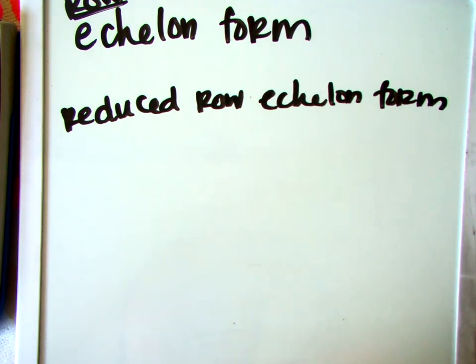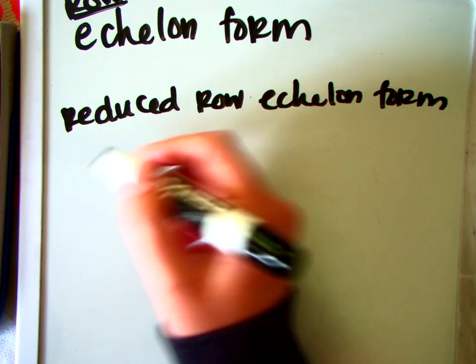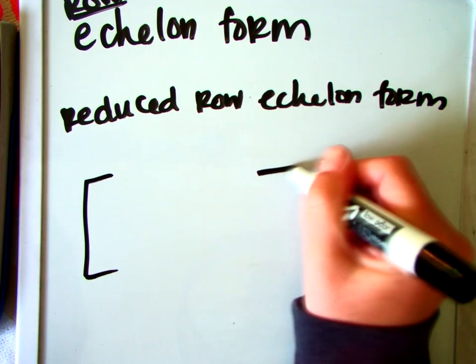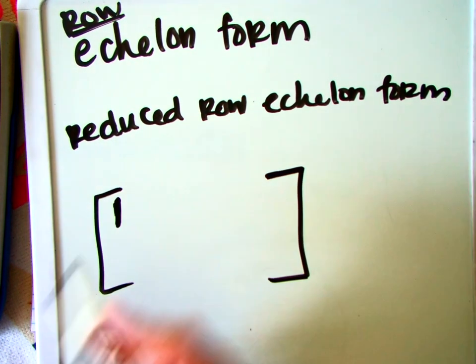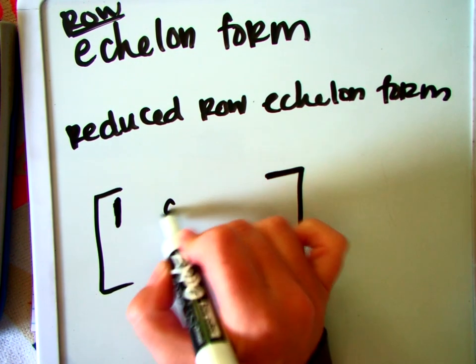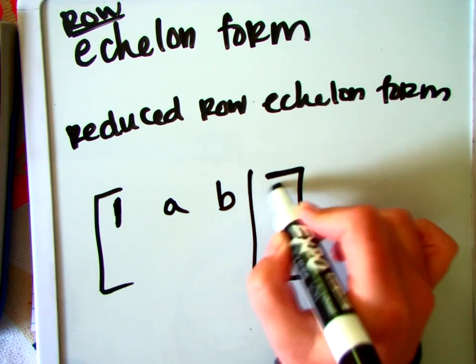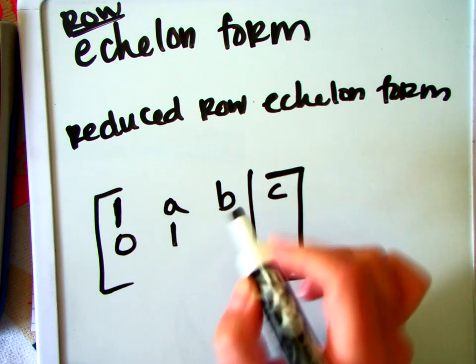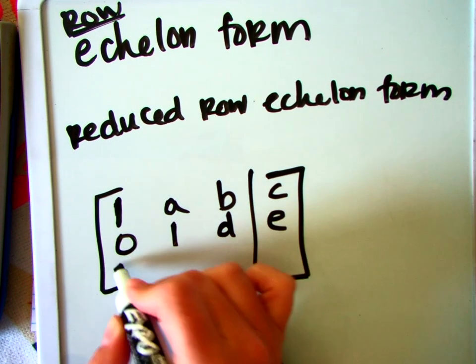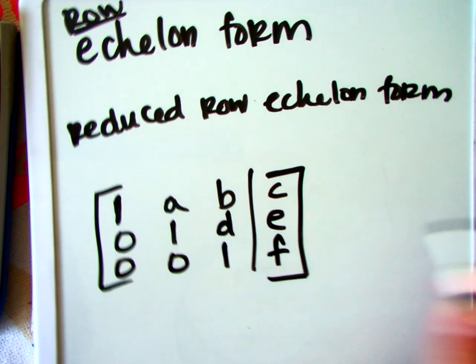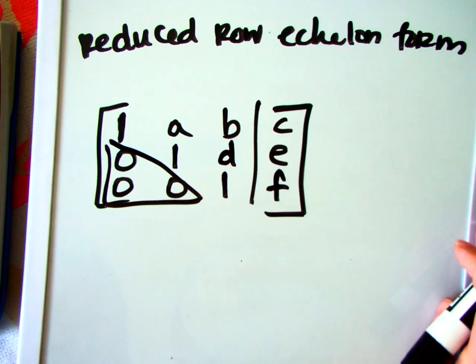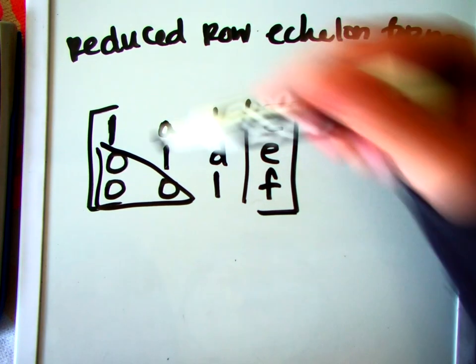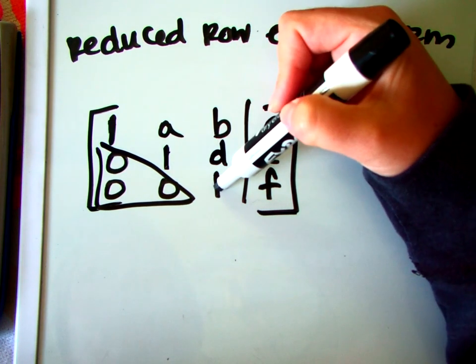Essentially this is our goal, to get them in row echelon form or reduced row echelon form. What that looks like is almost what we've been doing, but there's a 1 in the first entry. So we have this triangle that we just saw on our last example, but the difference is there's a diagonal of 1s.